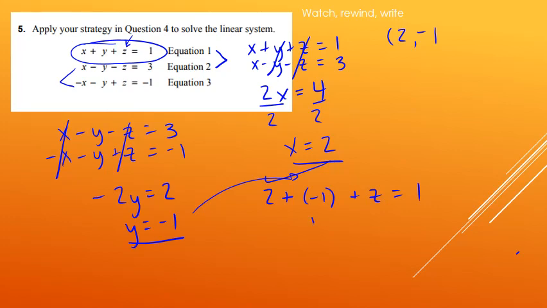So 2 plus negative 1 is 1, plus z is 1, and then I subtract 1 from both sides, and z is actually 0. So it looks like these 3 planes intersect at the point 2, negative 1, 0. Again, you can plug this into all 3 equations for x, y, and z, and you should get the correct answer.